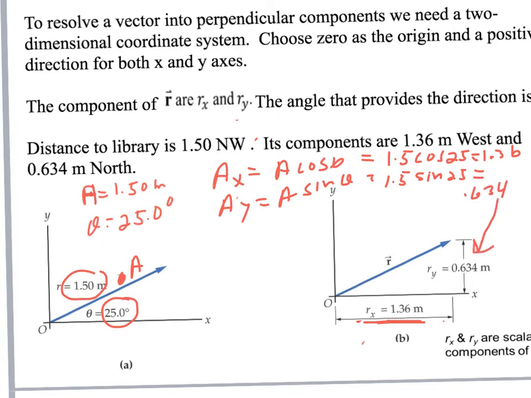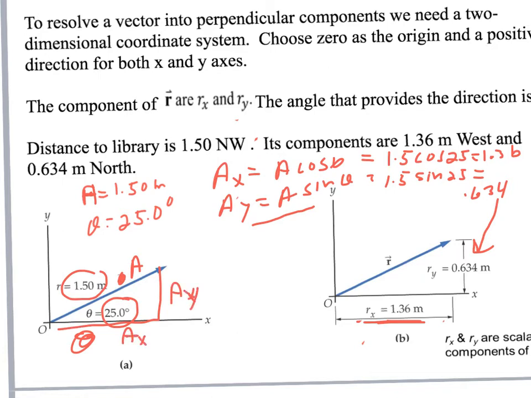So when we took our trigonometry values right here, we tried it using A, and we have our right triangle right here. Here's our A sub x and our A sub y right there.